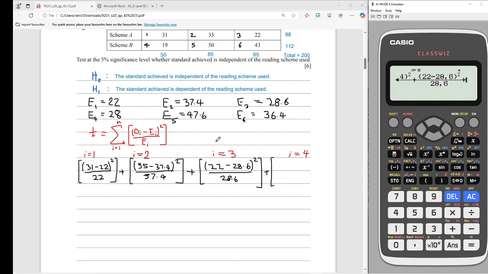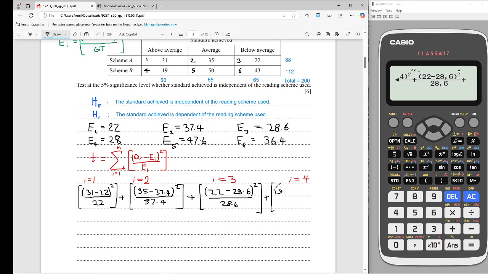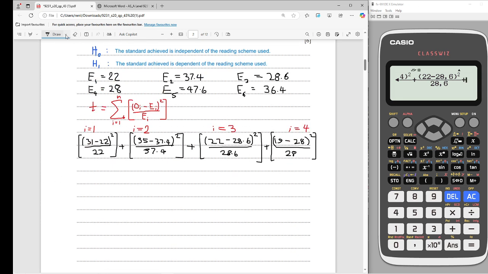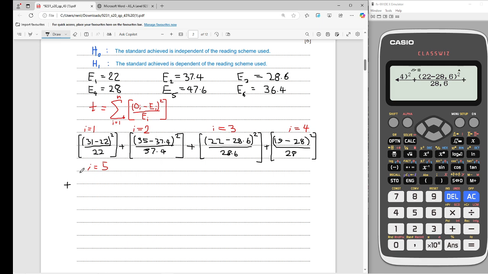Next, when I equals 4, O4 is 19. 19 minus the expected of 28, whole square of the difference, whole divided by 28. It's a simple procedure, but it's a little time consuming, and you can be quite error prone given its repetition. So I equals 5 now, and this is added on.